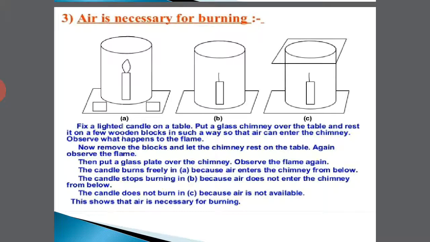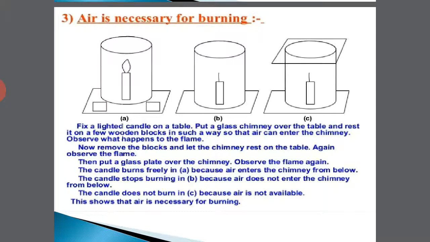You can also consider the situation given in this particular slide. Lighted candle on a table, put a glass chimney over the table and rest it on a few wooden blocks in such a way so that air can enter the chimney. You can see in the first picture over there, the air is allowed to enter in the chimney.